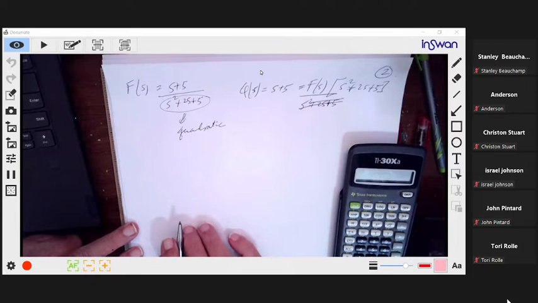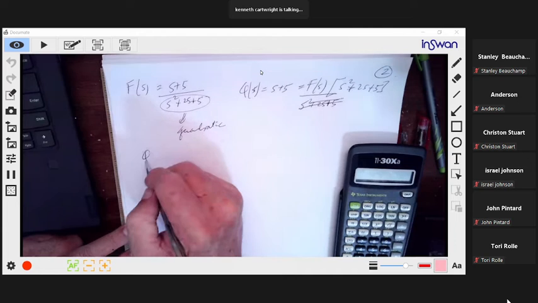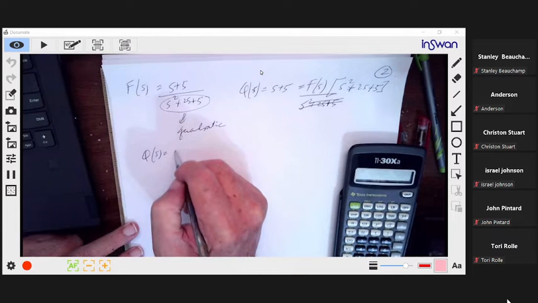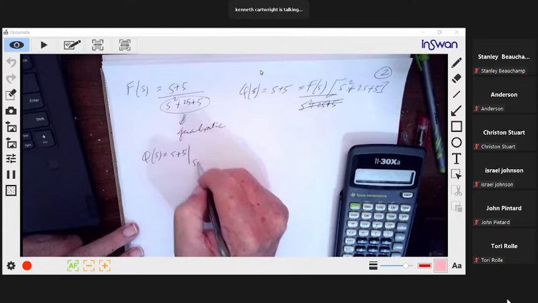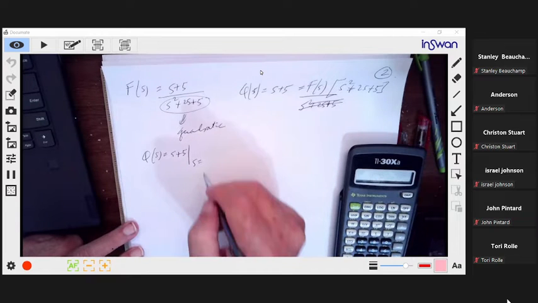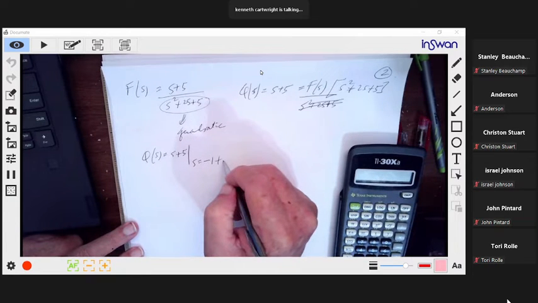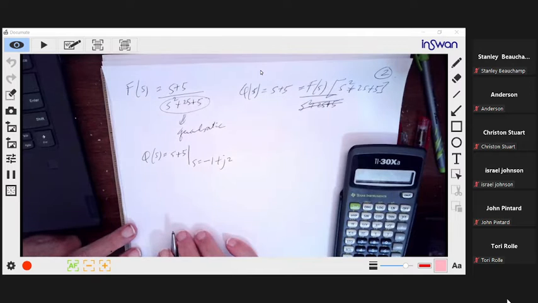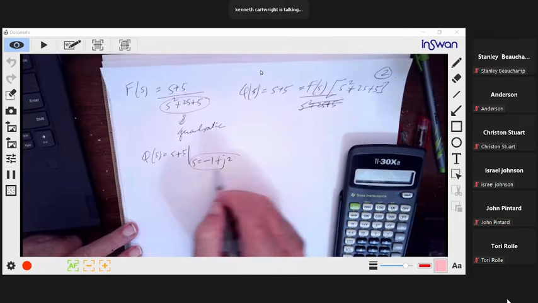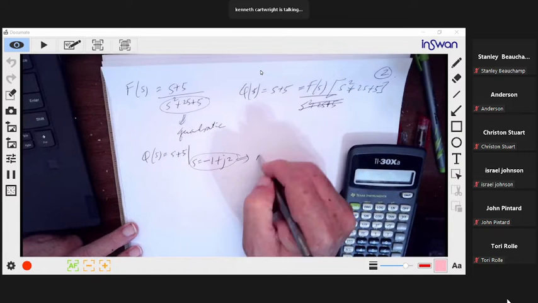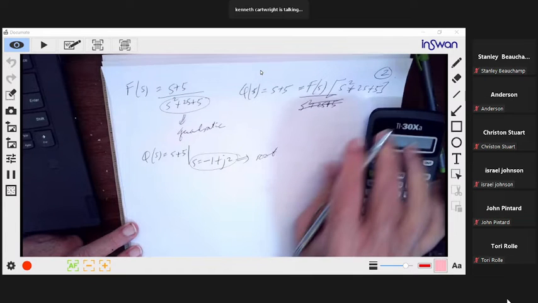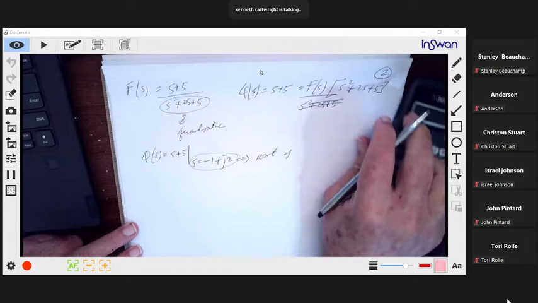Now, here's what we do. We evaluate q of s at s equals -1 plus j2. And what do we notice about that? This is the root of the quadratic.